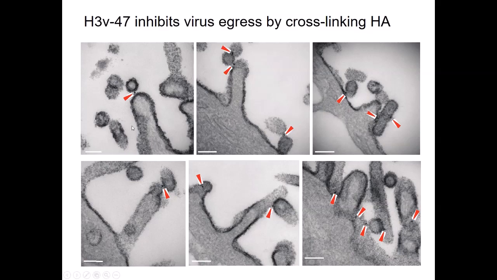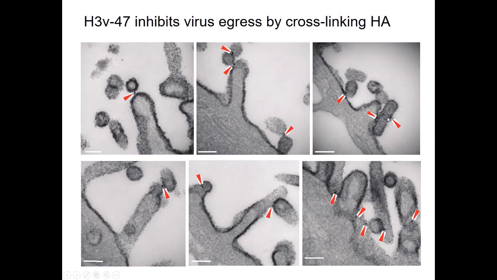So these are transmission electron micrographs, and you can see influenza particles budding off of the apical surface of infected cells. But in every case, by immunogold labeling, we see the antibody present right at the scission point where normally the particle would bud off, but we see these particles stuck and tethered.